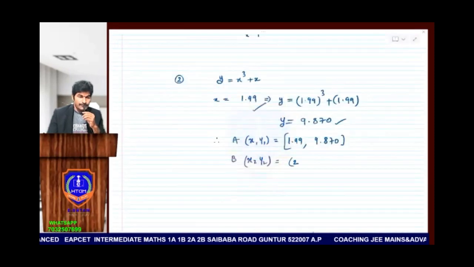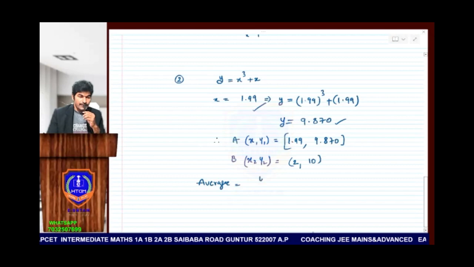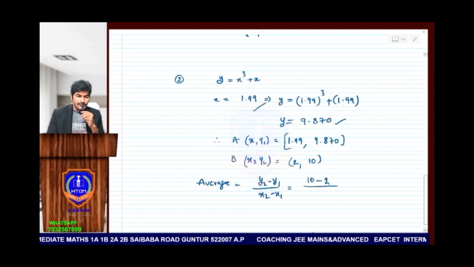So the average equals the formula y2 minus y1 divided by x2 minus x1. So y2 means 10, x2 means 2, y1 means 9.870, divided by 2 minus 1.99.